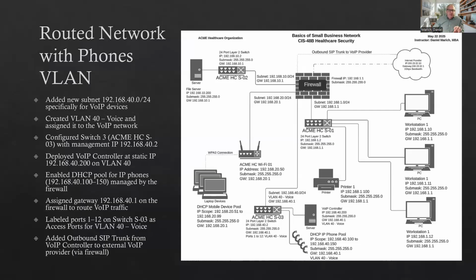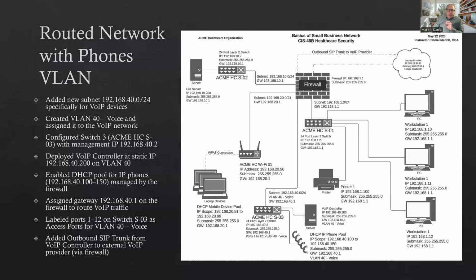Now let's talk about VLANs. In the managed firewall, you can assign a VLAN to a subnet. And when a VLAN is assigned to a subnet, it's assigned then to specific ports by the switch.